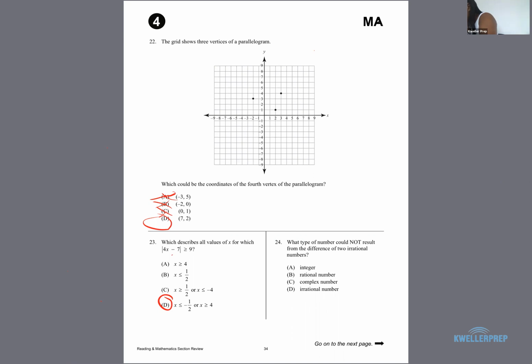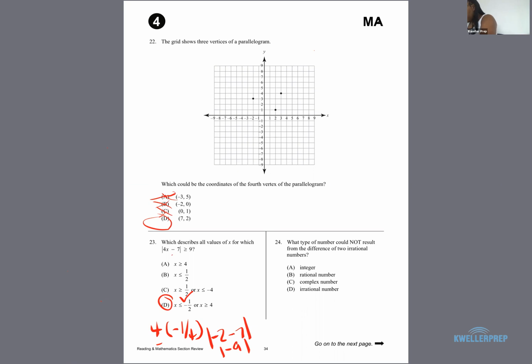Let's plug it in. 4 times -1/2 is equal to -4 divided by 2, which is -2. -2 minus 7 gives you -9, and the absolute value of that is 9. 9 is greater than or equal to 9, so that checks that part out.